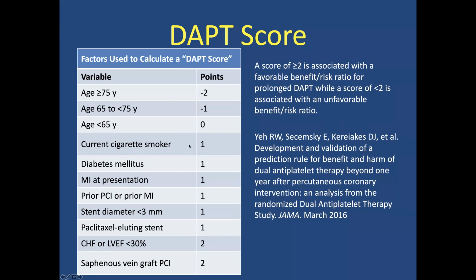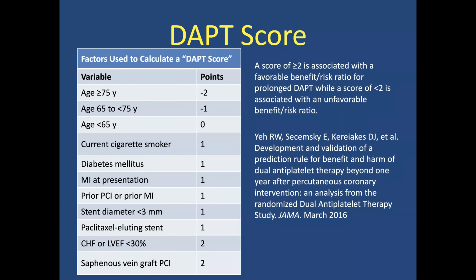Ongoing cigarette smoking gets you a point, as do diabetes, MI presentation, and prior PCI or prior MI. Small stents and first-generation drug-eluting stents, which we don't really use, get a point. A history of CHF or decreased LV function gets you 2 points, and saphenous vein graft PCI also gets you 2 points.